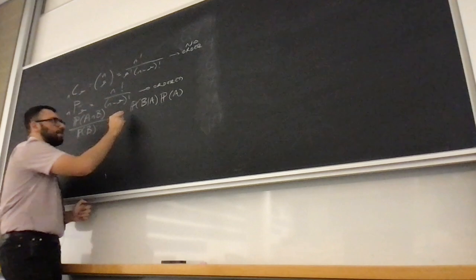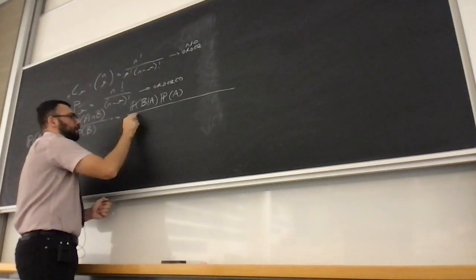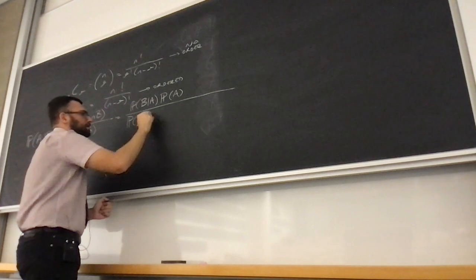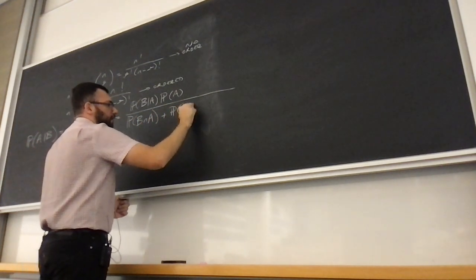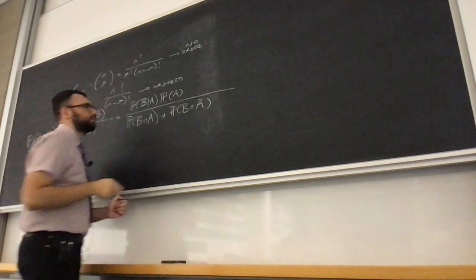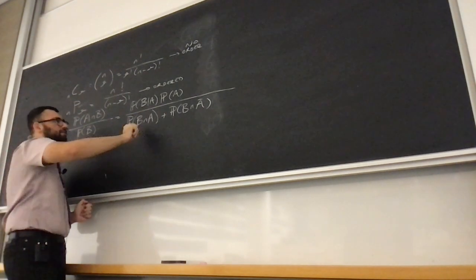Awesome. And then the bottom, I can write probability of B as probability of B and A plus probability of B and A bar. Right? So then from here, I can expand each of those two bottom terms.